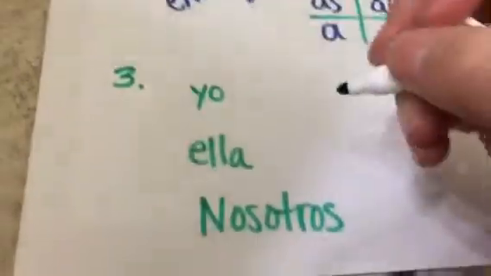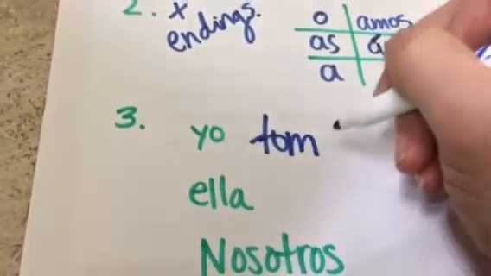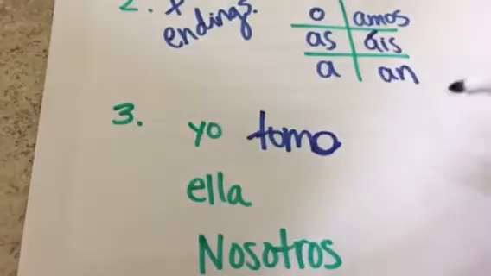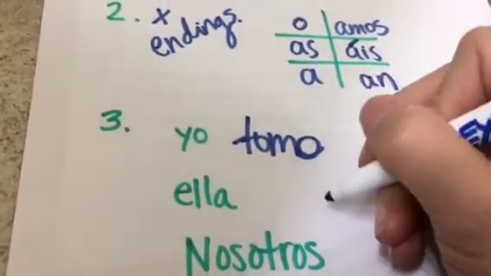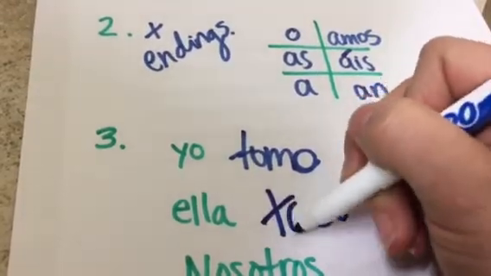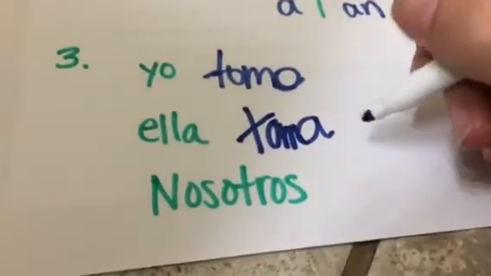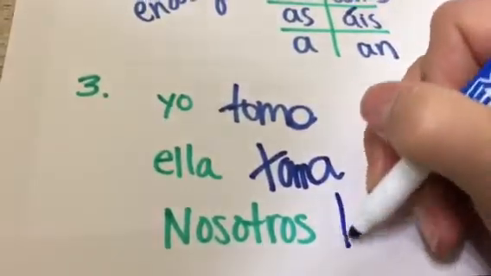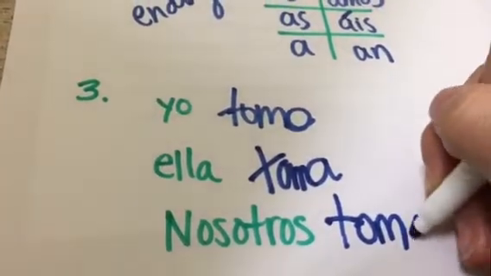Well, there's my stem, tom. Here's my ending, o. Or I can go backwards. Ella, I say, a, here's my ending. Here's my stem. And the last one, nosotros. Here's my stem. And here's my ending.